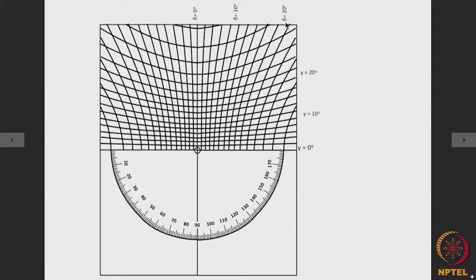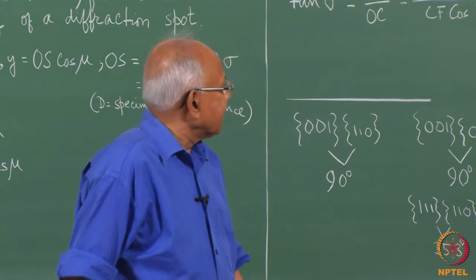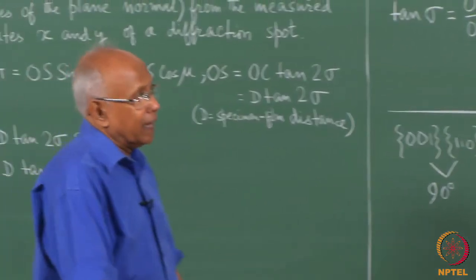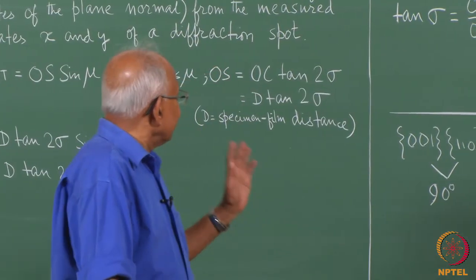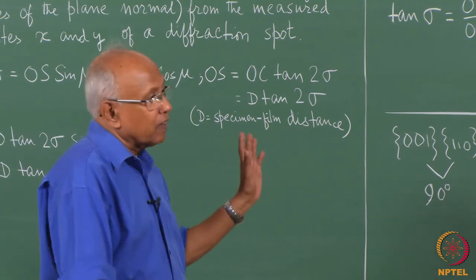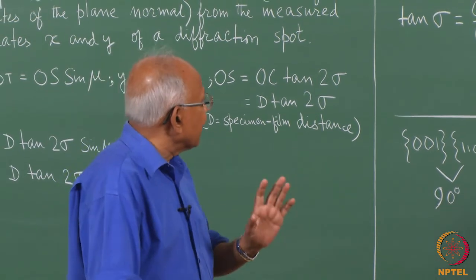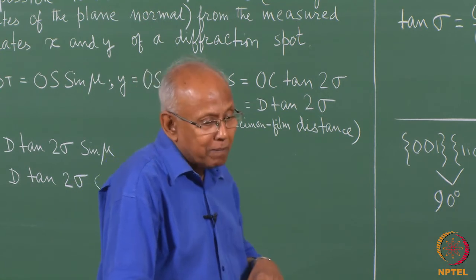Now, this Greninger chart can be drawn keeping in mind the particular distance between the specimen and the film, and for a particular distance d between the specimen and the film, you will have a Greninger chart of a particular dimension.